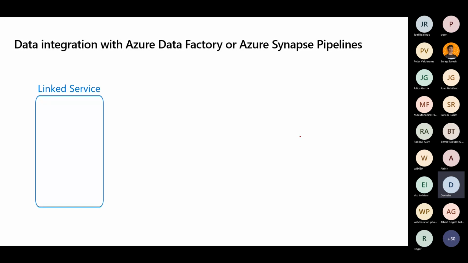On the ADF side, you need to specify everything: this is my source, this is my destination. Maybe I want to connect with a database. So what will be your server name? What will be your database name? What will be the authentication method? Everything you provide in Data Factory.